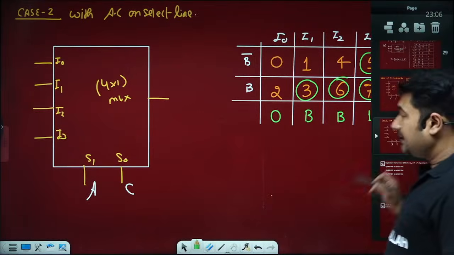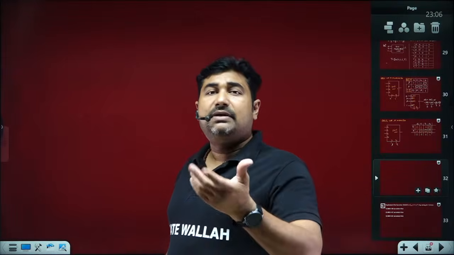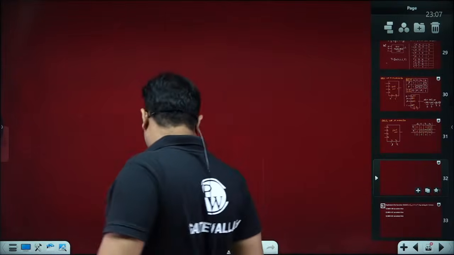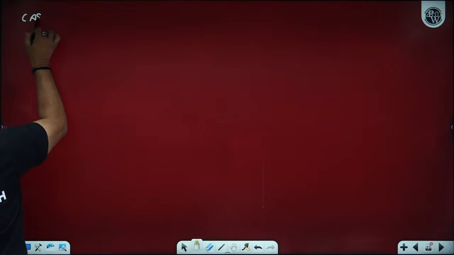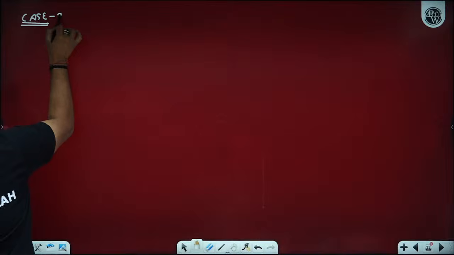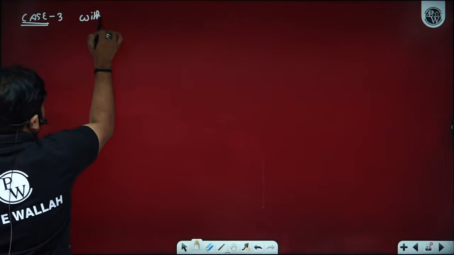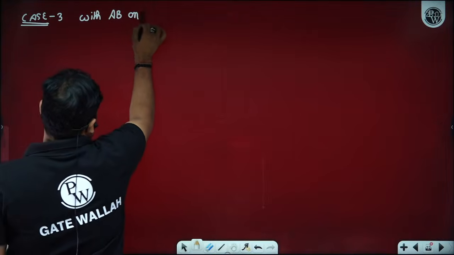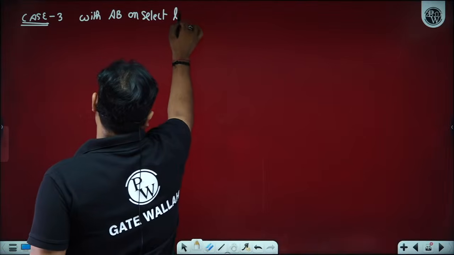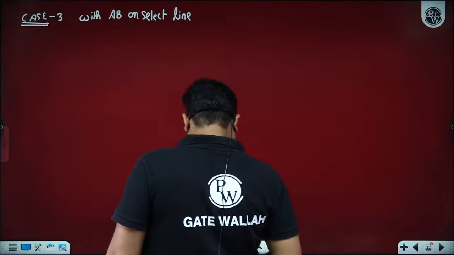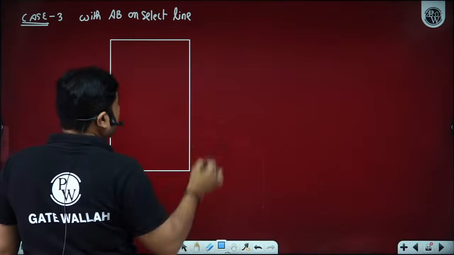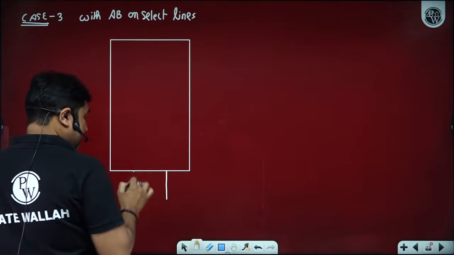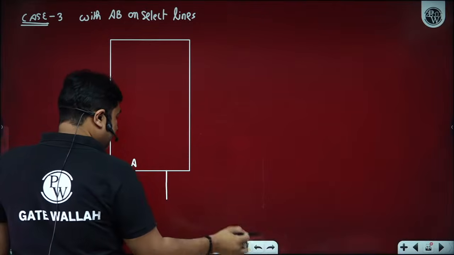Someone is saying, sir, instead of taking BC or AC as the select lines, I am interested in taking AB as the select lines. So let's have case number 3. With AB on select lines, out of A and B, which one is MSB?